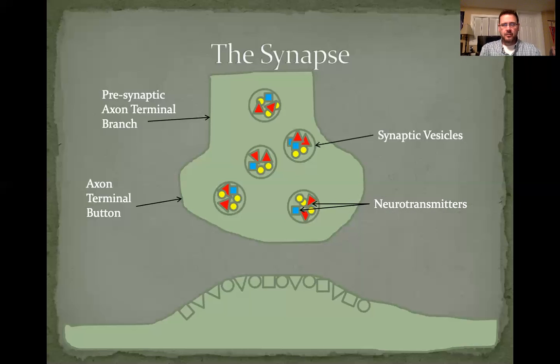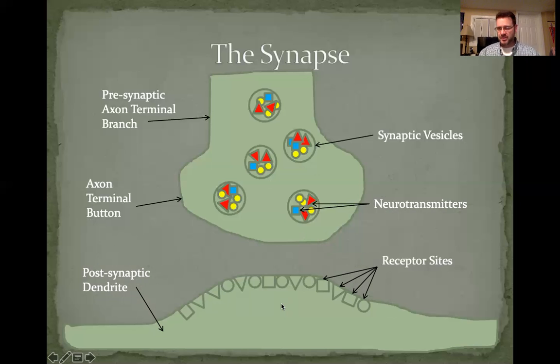Okay, let's go further in our model here. Down here, we've got a dendrite, a receiving dendrite, a postsynaptic dendrite, and all over the dendrite, I've kept it simple on the drawing here, are these receptor sites. Okay, receptor sites, we've already said the dendrite is the receiving part of a neuron.